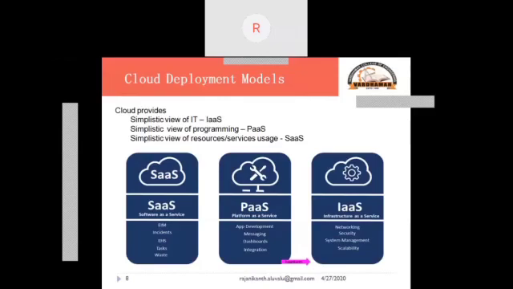Say I want to come up with a new email service like Gmail, and to have my mail service, I want underlying hardware and an underlying programming environment where I can deploy my application. For that, I can subscribe to a cloud service provider who provides me the required IT infrastructure and the required deployment environment, and I use those cloud services, and in turn I provide my application, a mailing application, as a software as a service to the society.